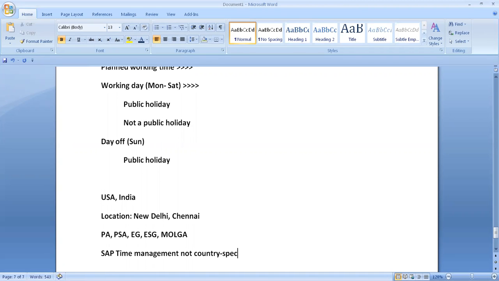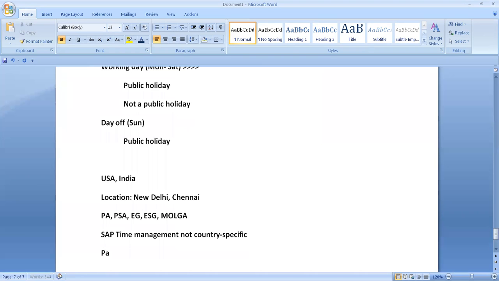For example, in the initial starting class, we discussed that the payroll module is divided country wise, like India payroll or US payroll. But SAP time management is not country specific. You are maintaining based on certain logic.